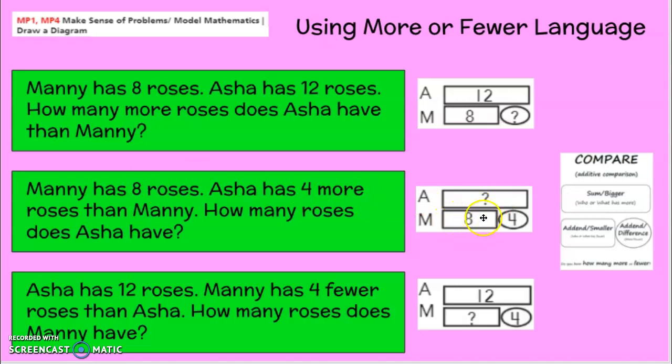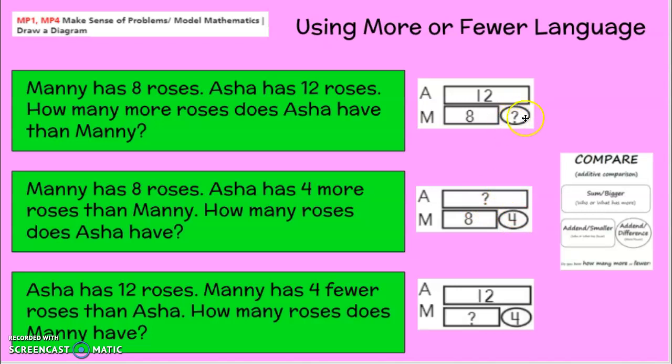Manny has 8, and we know that he doesn't have as many, so he gets the smaller bar. We know that the part that's more or fewer, that Asha has 4 more, is the part here. So to figure out how many Asha has, we have to figure out Manny's plus those 4. So this is the unknown part.